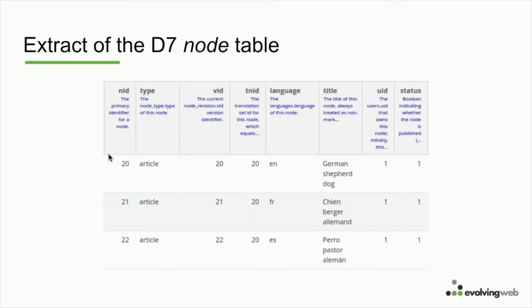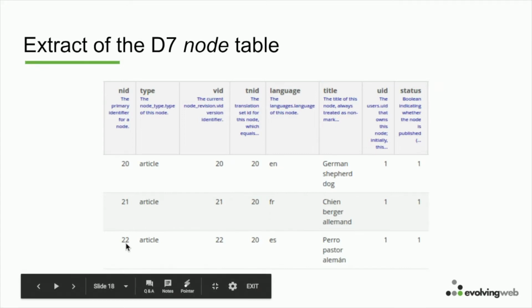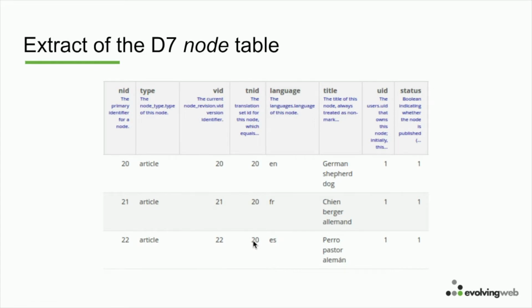So it refers to 20, which means the English article. And same way, when I translated that to Spanish, I got node number 22, and it relates to the English article again, 20. So for each translation you add, you end up having one more node in the database, which is not very optimal. But that's how it used to work.